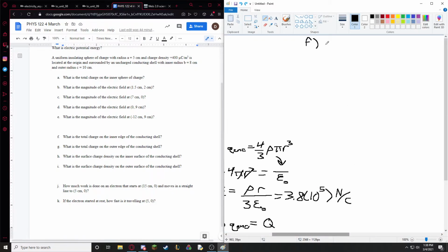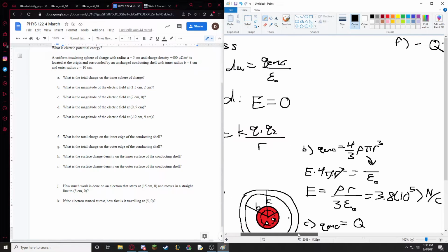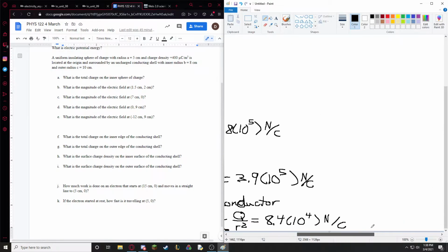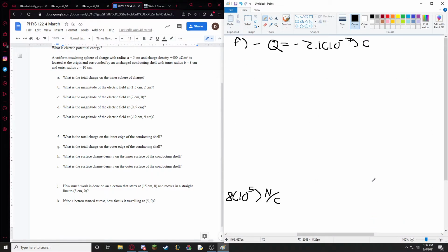So Q inner has to be minus Q, which is negative 2.1 times 10 to the minus 7 coulombs, equal and opposite, so it cancels out and Q enclosed equals 0. And so what does that mean about the charge on the outer edge of our conductor?